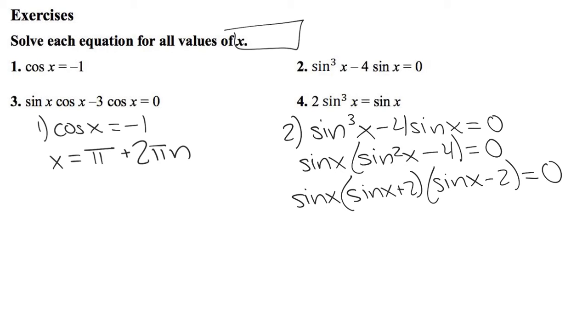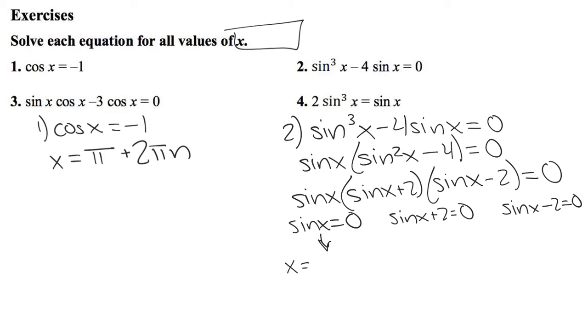Set them all equal to 0. So sine x equals 0. Sine x plus 2 equals 0. Sine x minus 2 equals 0. All right, when sine of x is equal to 0, that means I am at pi.